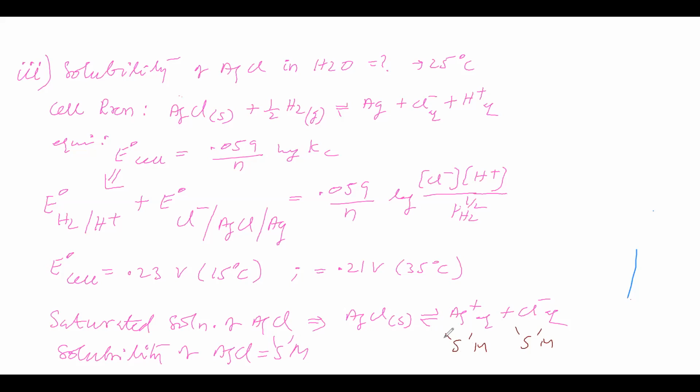We want the solubility of AgCl in water, that means we want this S molar. We have to get S molar from the solubility product, which is the equilibrium constant, and the equilibrium constant and E naught cell are related.